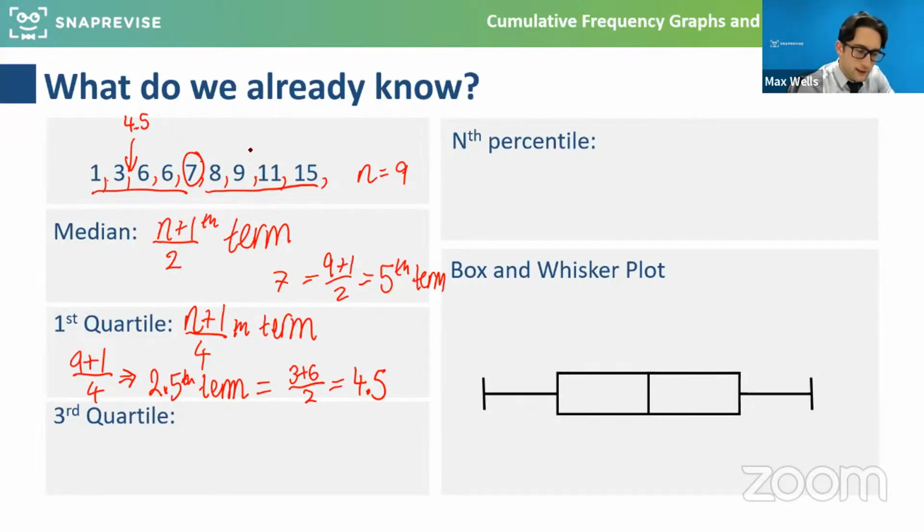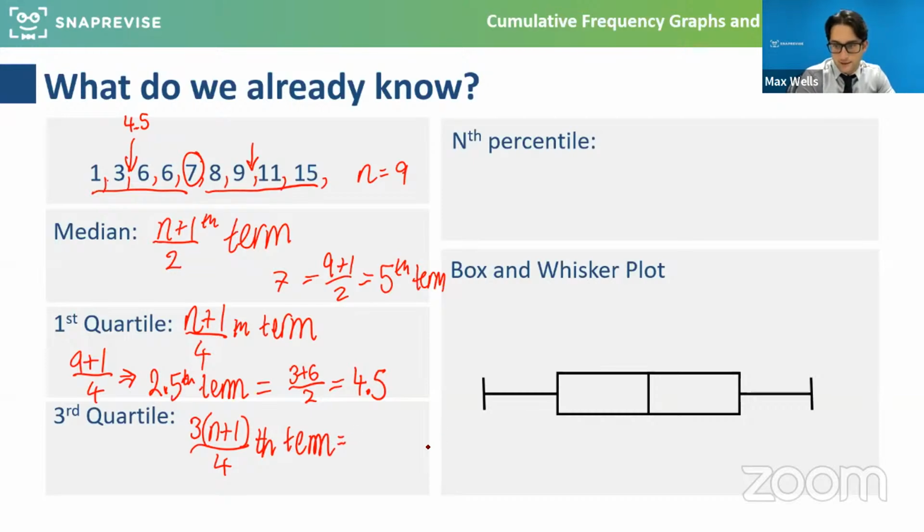In a similar way, the upper quartile is going to be here. This will be the 7.5th value, so it's 3 lots of n plus 1 over 4. That's the term number we want. Who has seen this before? Hopefully this is just a recap.